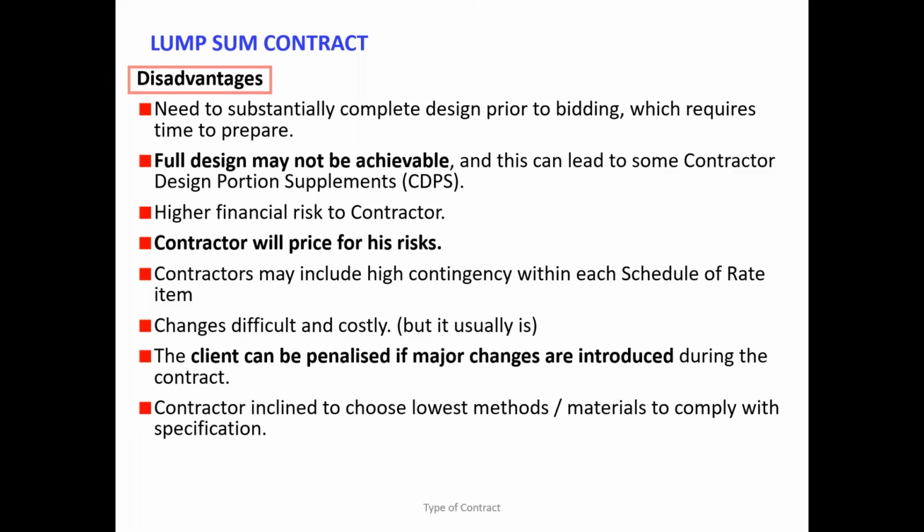Same thing, ladies and gentlemen. In a lump sum contract, you have to be very careful with the quality. You have to define the quality of the works, otherwise the contractor will go for the lowest methodology. So you might sometimes get a lower quality product, because the contractor tries to achieve the minimum required quality so he can have cost savings.